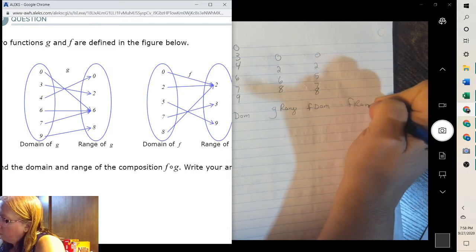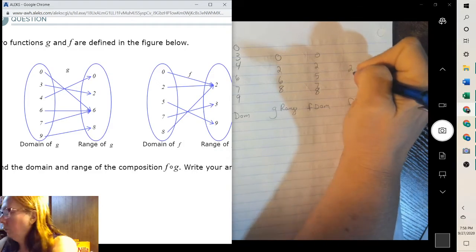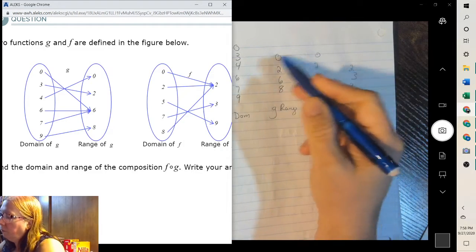F's range is 2, 3, and 9. So the first thing we do is see where the middle overlaps.